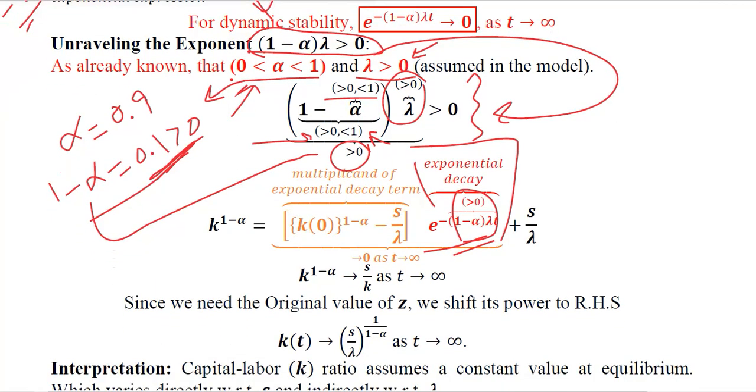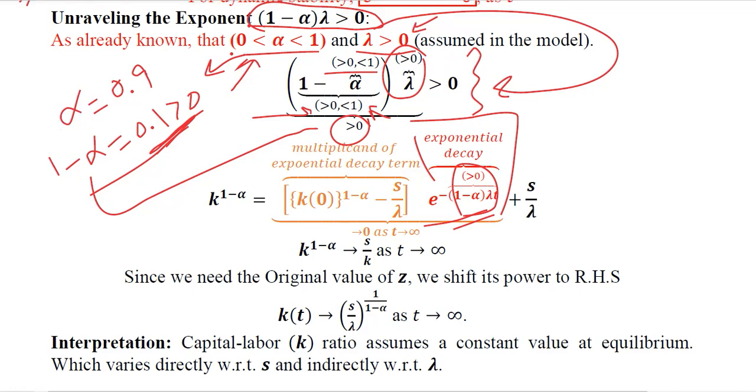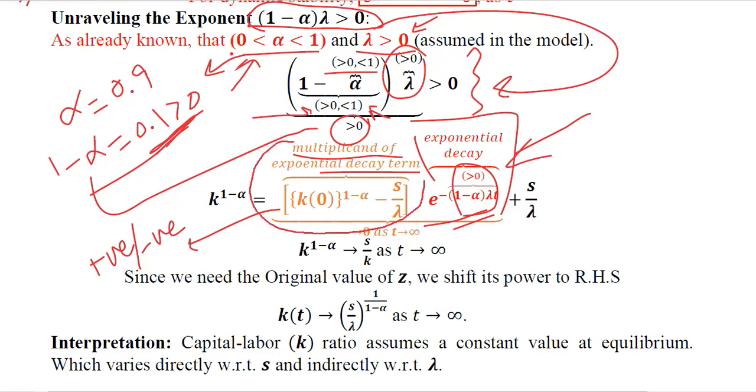Now we shed some light on the coefficient. It is basically a multiplicand of the exponential decay term. So no matter if it is positive or negative, when we multiply it with the exponential term which is decaying, the exponential term is going to eat away the coefficient as well.